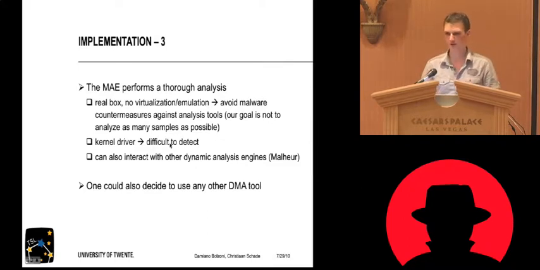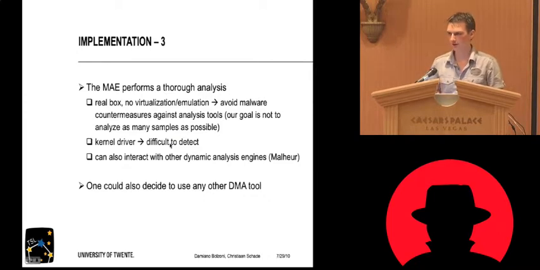Mostly kernel drivers are easy to detect, but because we own the system, we use rootkit technology to hide ourselves, basically. And also the techniques that are used against Anubis right now, that Damiano mentioned, like it's going to check on which user it's running, it's going to check in which folder. That will never be the same on our malware analysis engine.